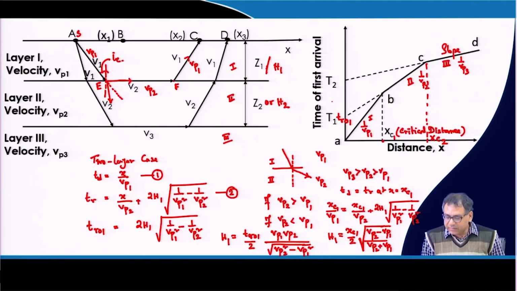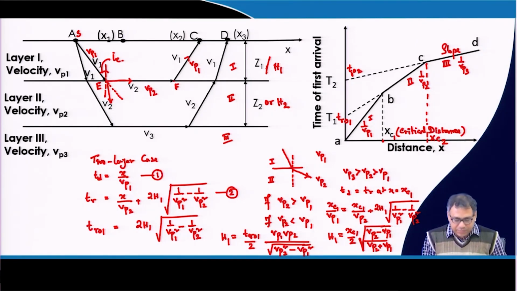Similar to the 2-layer case, in the 3-layer case also we have to extend this line, and then this will give us Tr02. Okay.